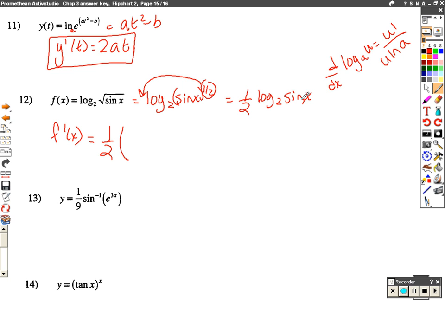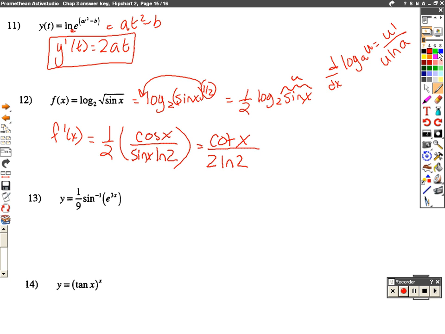If this is u, u prime is the derivative of sine, cosine of x, over u, that's sine of x, ln of my base 2. Alright, cosine of x over sine of x is really just the cotangent of x. And here on the bottom we have 2 ln of 2.